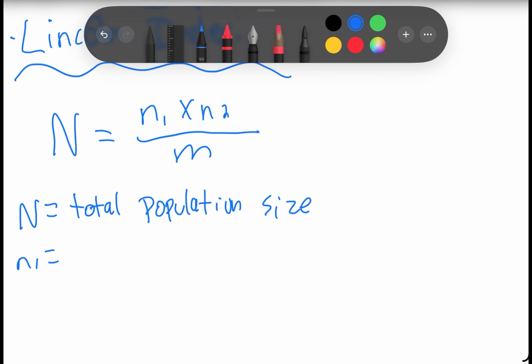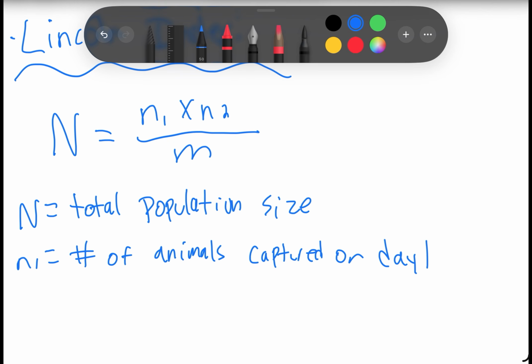N1 is the number of animals captured on day 1, and N2 is the number of animals captured on day 2.